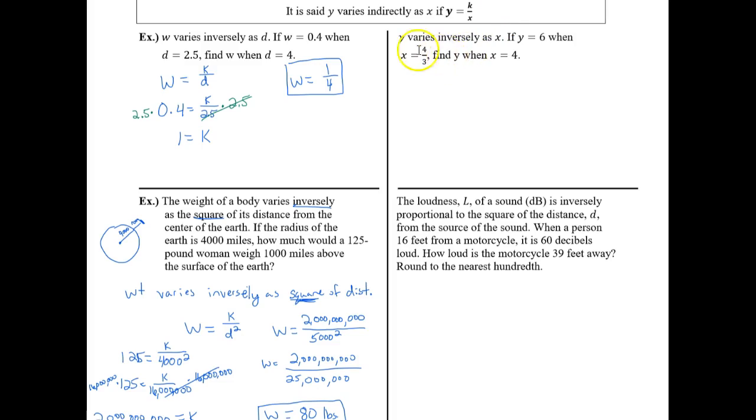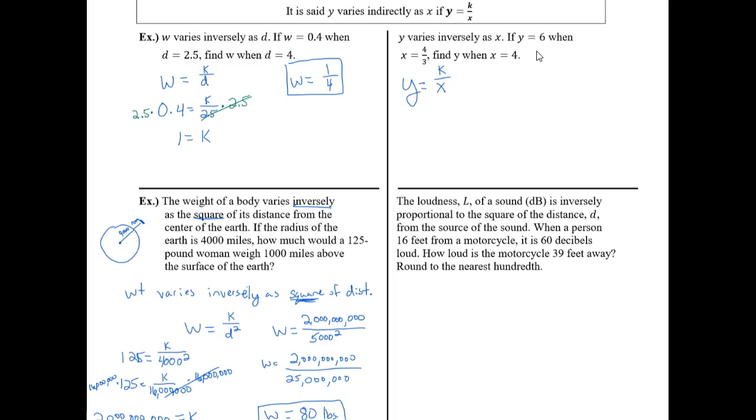The next example says y varies inversely as x. Again, our equation would be y equals inversely, so k divided by x. If y equals 6 when x equals 4/3, find y when x is 4. Again, first step, find the variation constant.